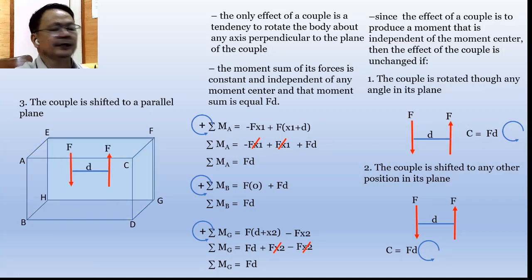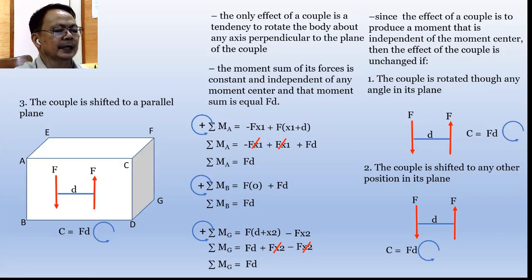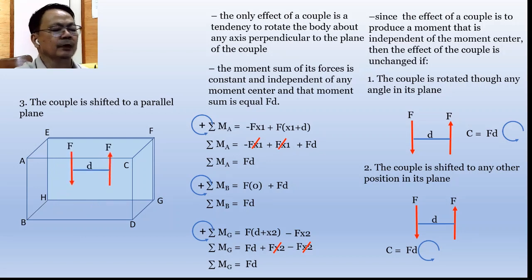If that is shifted there, we shift this couple to the other side. What will happen? According to the discussion, the effect of the couple will not be changed. It will remain the product of F multiplied by the distance between them and will produce a counterclockwise direction as indicated in the illustration.